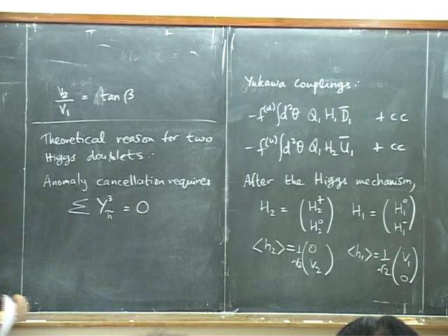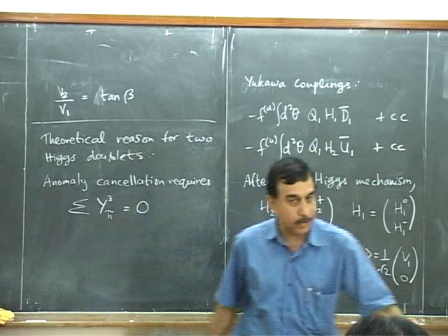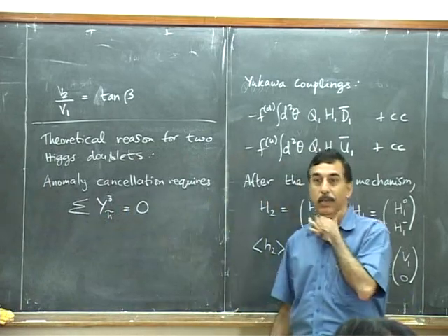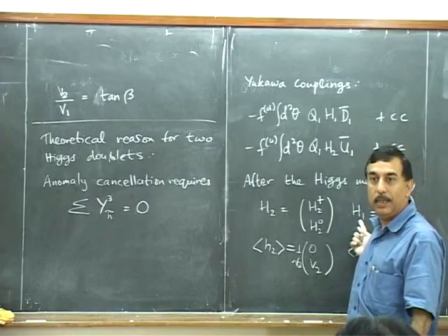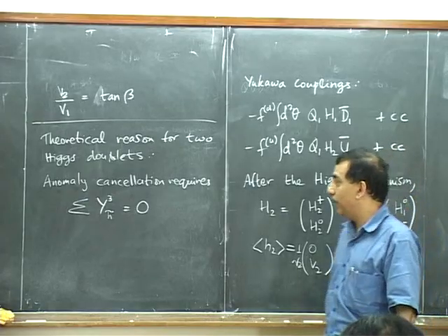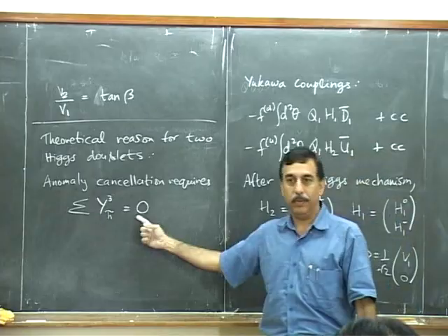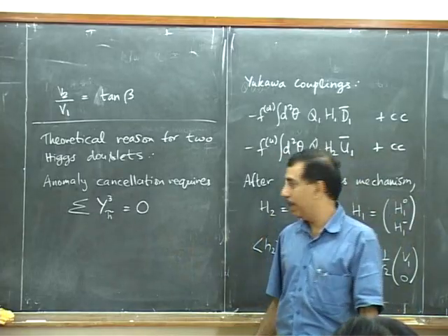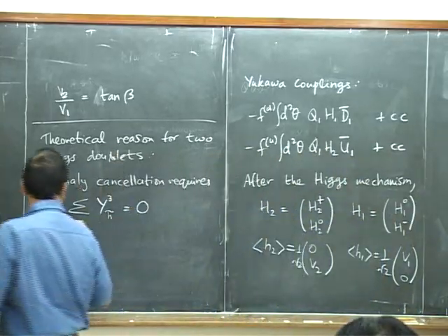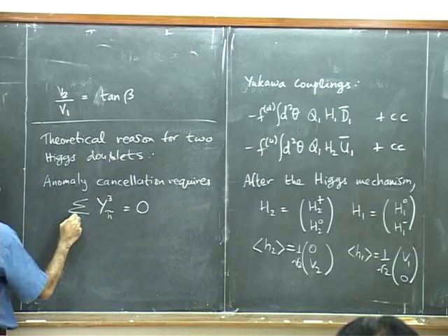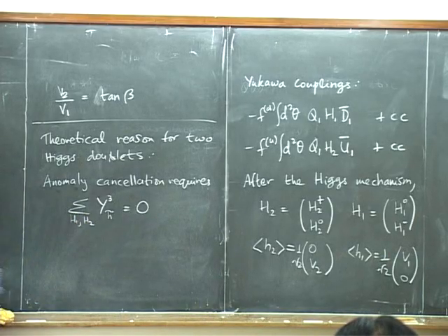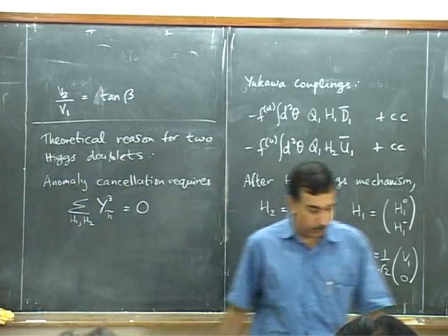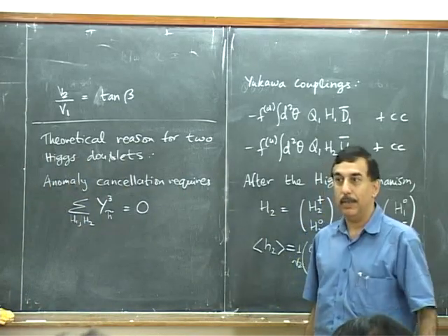The Higgsinos have the same hypercharge as the Higgses, which is +1 for H2 and -1 for H1. So if I had only H2 or only H1, this would be non-zero, but it's 0 because of having both H1 and H2. One of which gives +1, the other gives -1 to the anomaly equation.